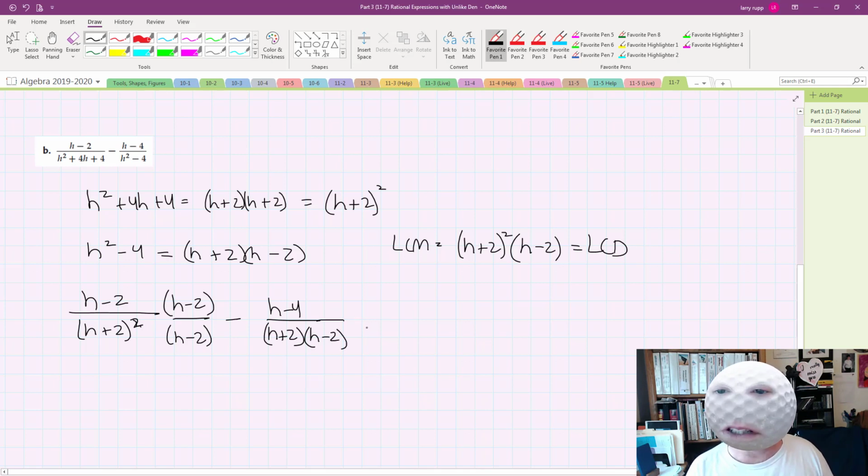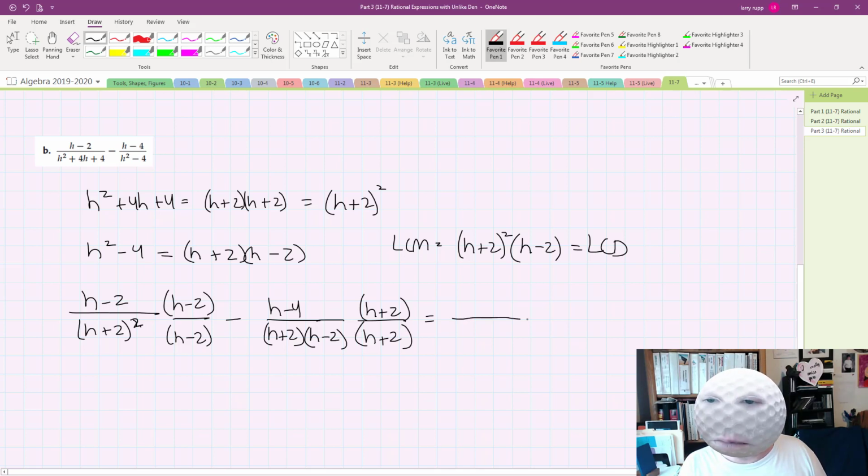And what is this one missing? It's missing an h plus 2.